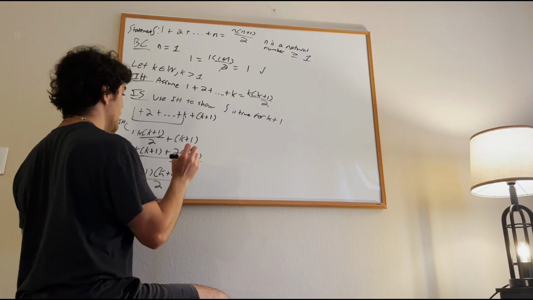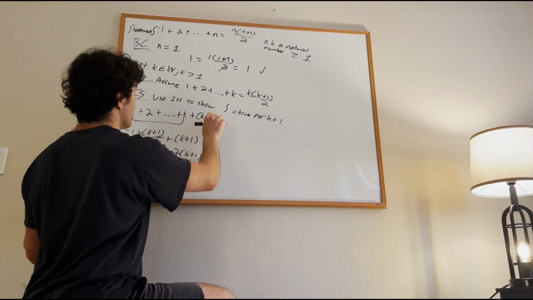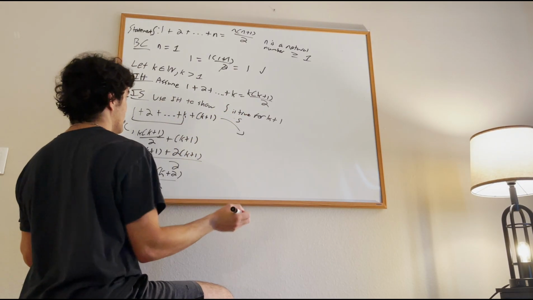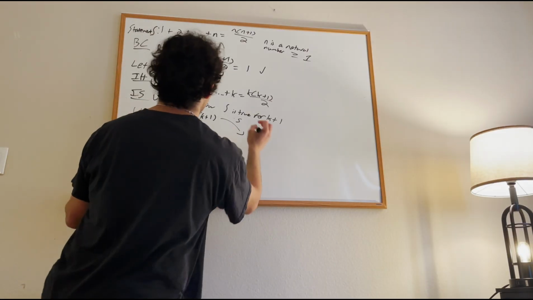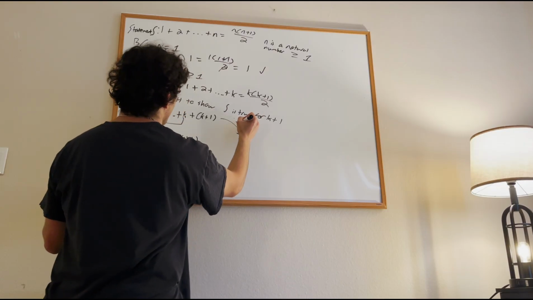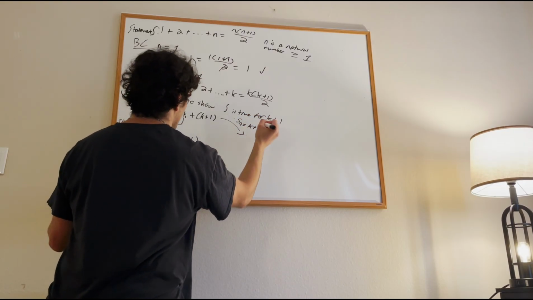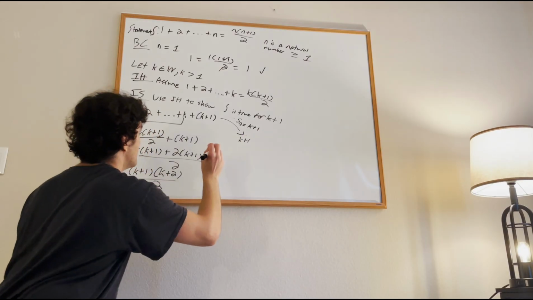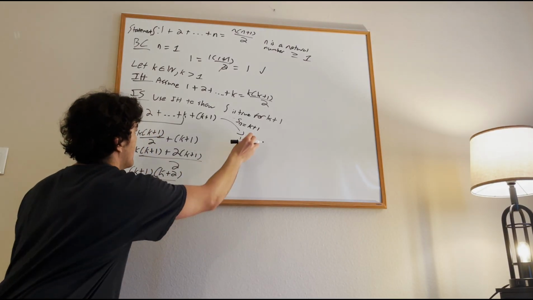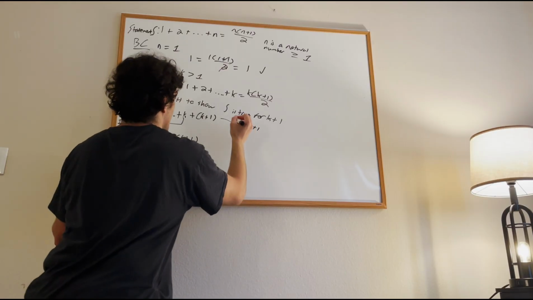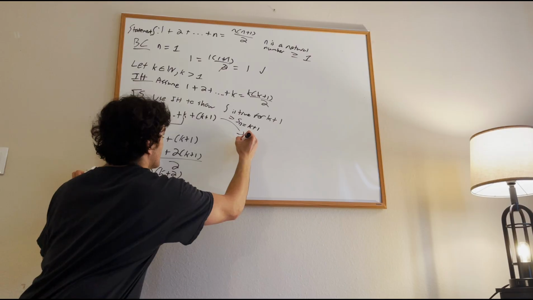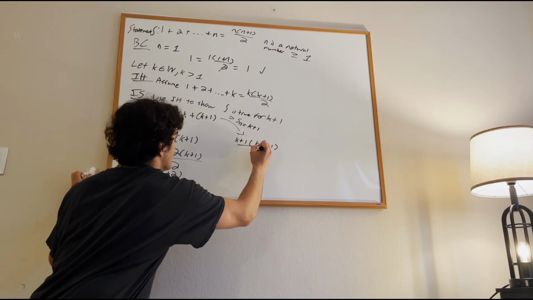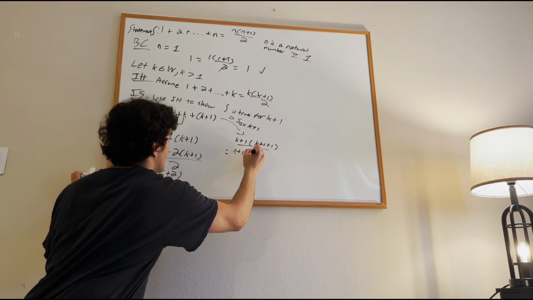And now, if we use our formula, our statement S, we see that here n is equal to k plus 1. So this is equal to (k+1)(k+1+1) over 2, which is equal to (k+1)(k+2) over 2.